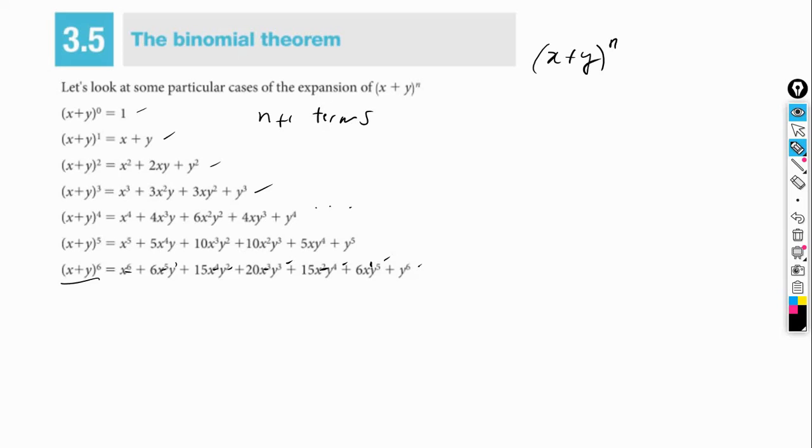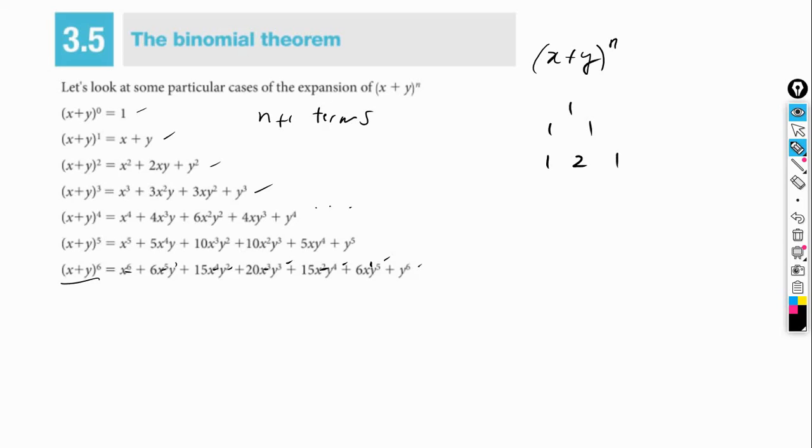The other aspect to consider here is the coefficients of the terms. Notice that they are symmetric and they follow a pattern. So for x plus y to the 0, it starts with 1. With x plus y to the 1, the coefficients are 1 and 1. For x plus y squared, they are 1, 2, and 1.